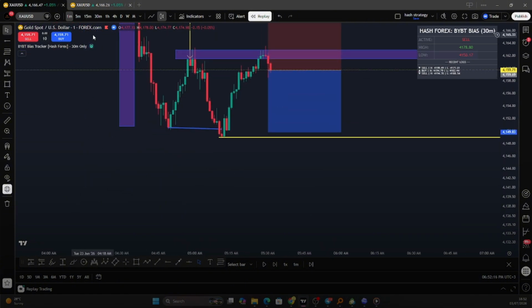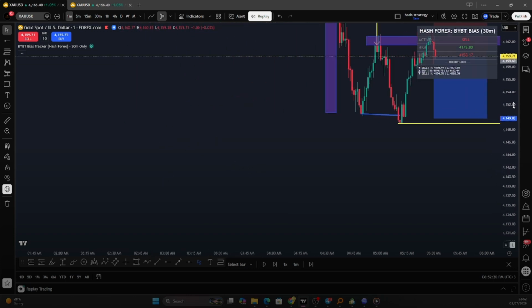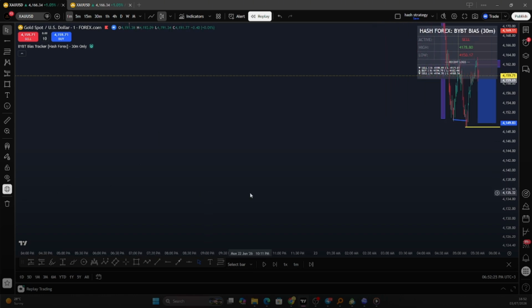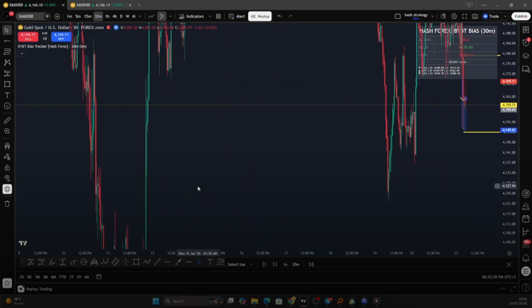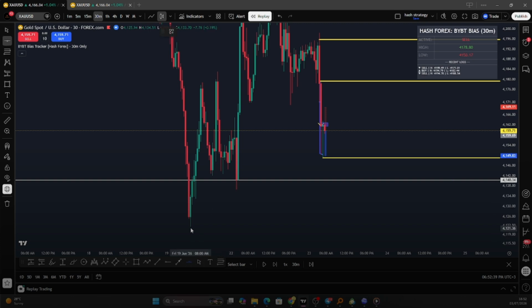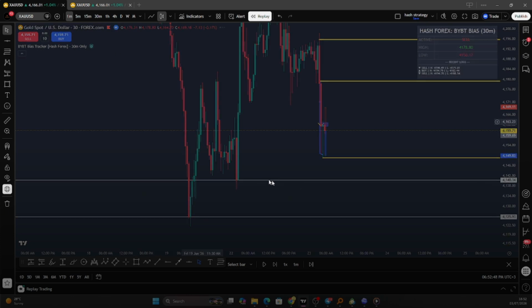Then we look for our take profit on previous zones of support where buyers are coming in. We had our first take profit on this support here, and our next there. This was our TP1, and this was our second take profit.